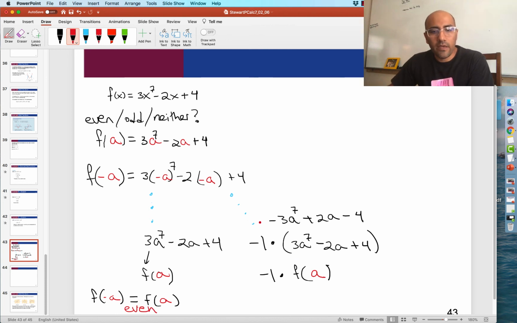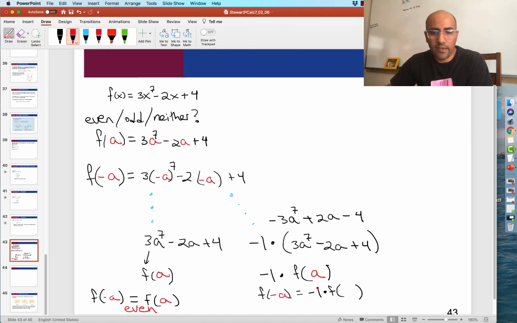Good. On the other hand, if you evaluate the given function at negative a, you plug it in, evaluate it, simplify, use all those awesome algebra skills, and then you end up with something that's negative 1 times f of a. This is the case where we've established that f of negative a is equal to negative 1 times f of positive a.